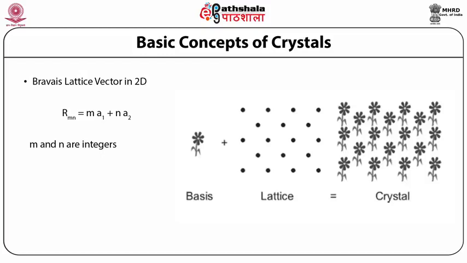If we follow this equation, the rule, first we define the axes a1 and a2. The dimension of each axis is fixed, and now by using any integers m and n, 1, 2, 3, 4, 5, etc., you can go to any of the flowers. Basically, this equation is for the lattice.